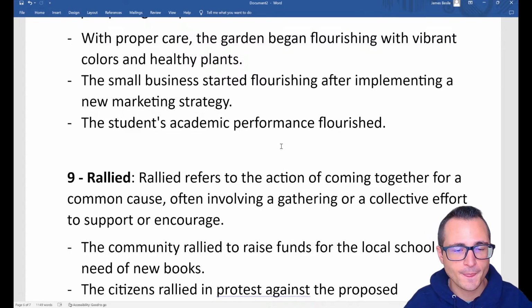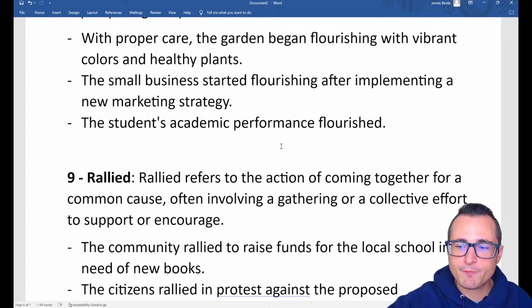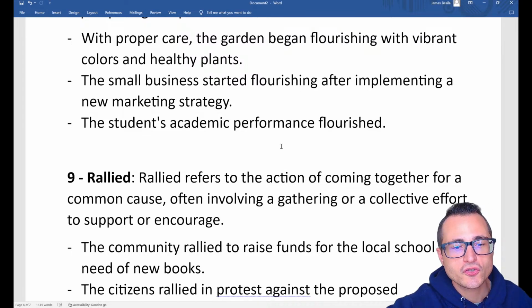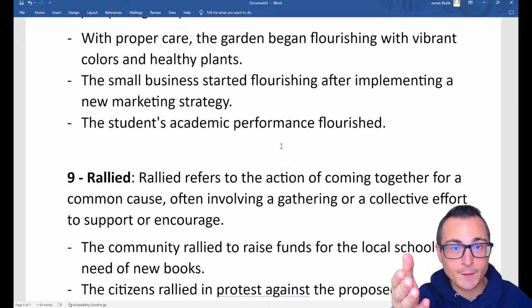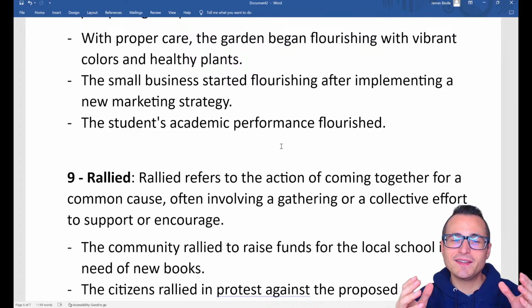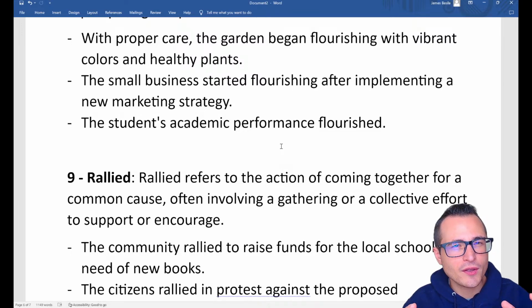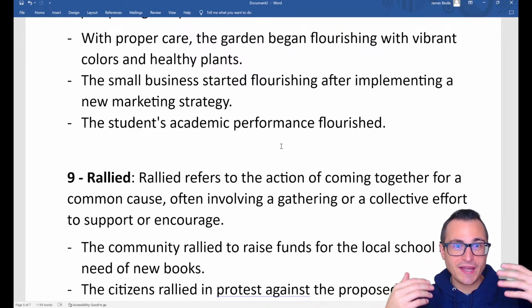Next sentence. The students' academic performance flourished. Okay, so what about your time in school? Did your academic performance or did your school performance flourish? Did you get good grades?